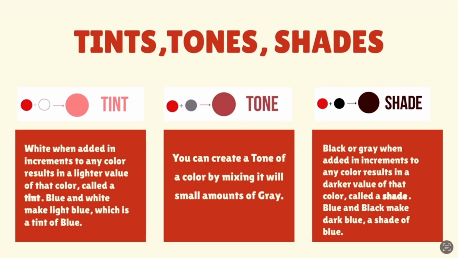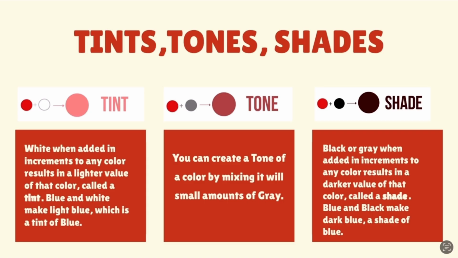Blue and white make light blue, which is a tint of blue. You can create a tone of a color by mixing it with small amounts of gray. Black, when added in increments to any color, results in a darker value of that color, called a shade. Blue and black make dark blue, a shade of blue.